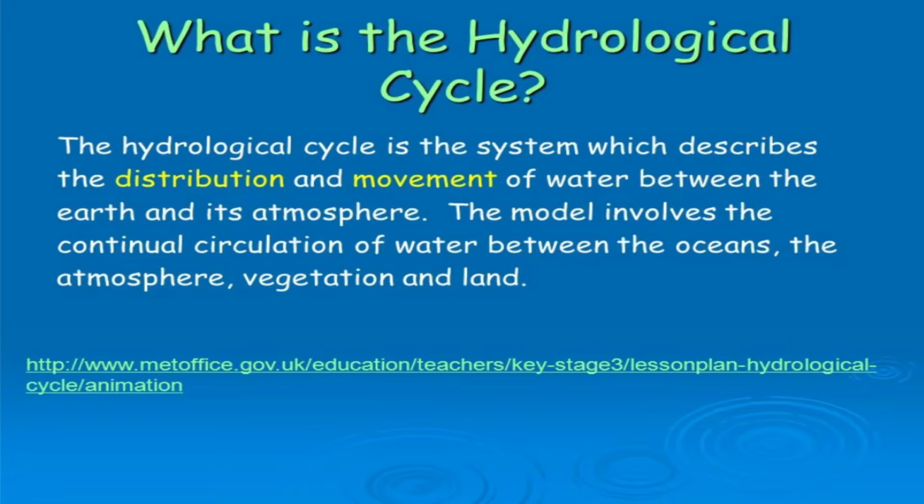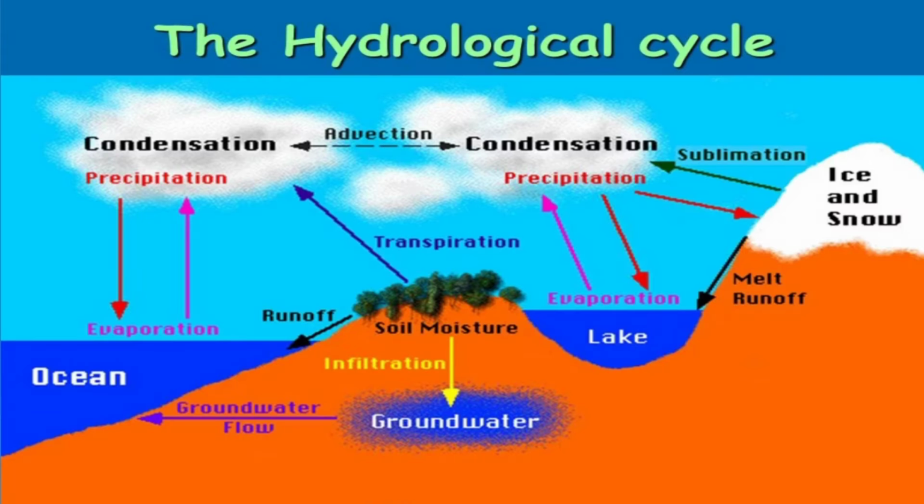Water results from the association of two atoms of hydrogen and one atom of oxygen, H2O, and is by far the most abundant substance in the biosphere.